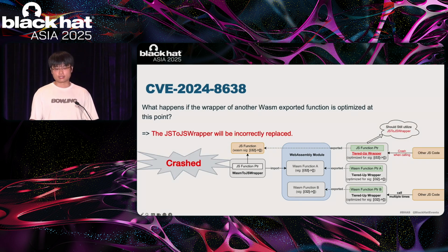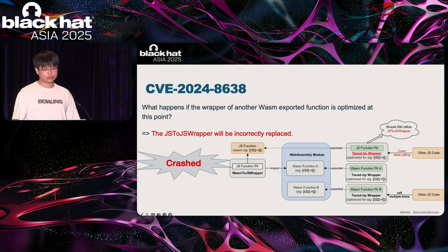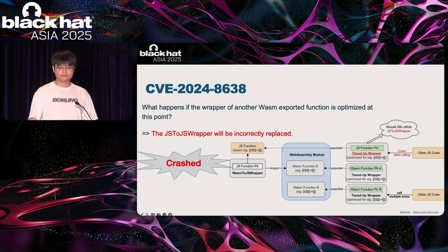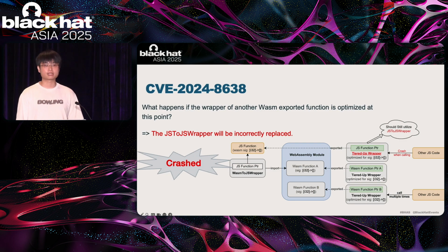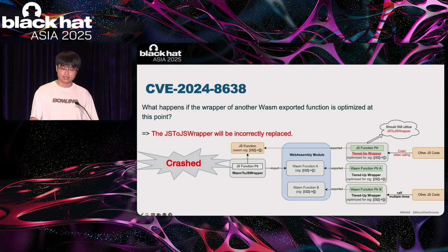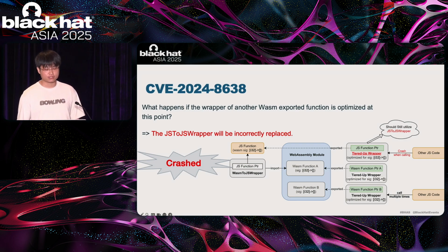Now we arrive at our critical issue. Consider a scenario where a function exported from WebAssembly is actually a JavaScript function that was previously imported into WebAssembly. This function is wrapped using a JS2JS wrapper. At the same time, its function signature matches that of our natively exported WebAssembly functions. When V8 applies the wrapper optimization mechanism discussed earlier, a serious issue arises, since V8 optimizes wrappers based solely on function signatures.